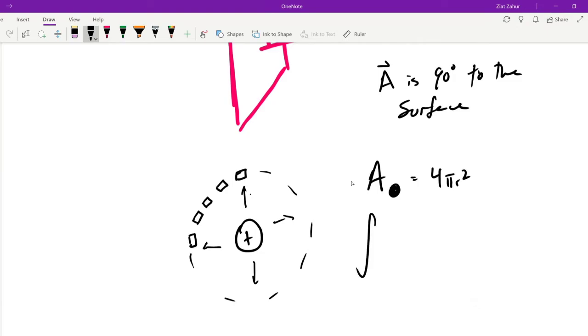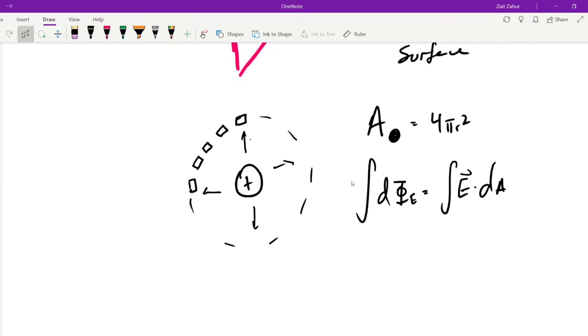So if I integrate all of the electric flux, what I end up getting is all of the electric field times every single dA.